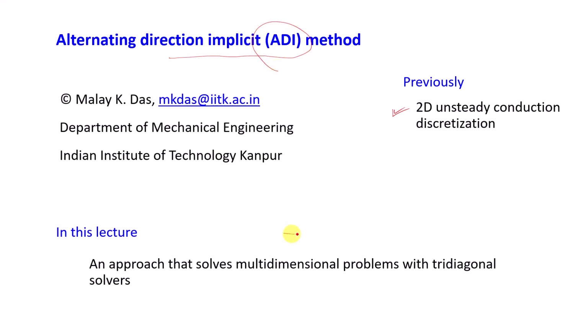Here we use the Thomas algorithm to solve the 2D problem. It can also be extrapolated to 3D, but then it's not as straightforward as in 2D. So let us see how we can do so.